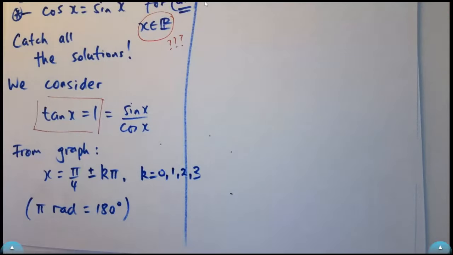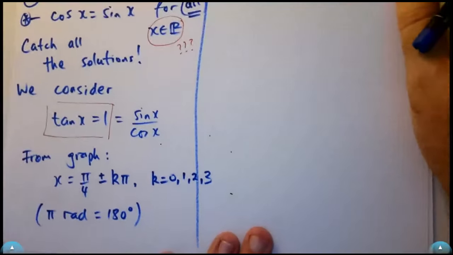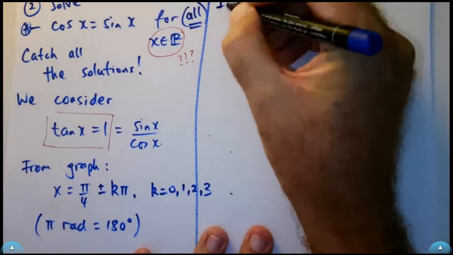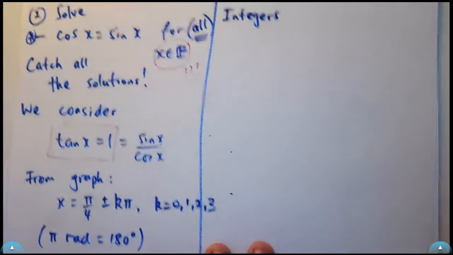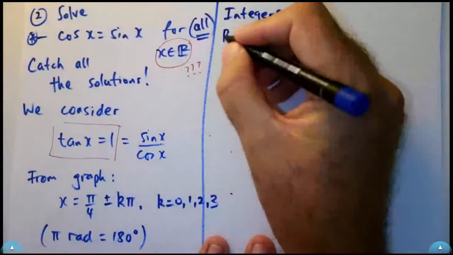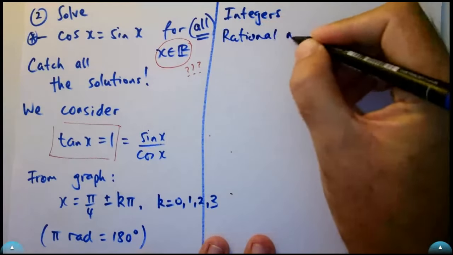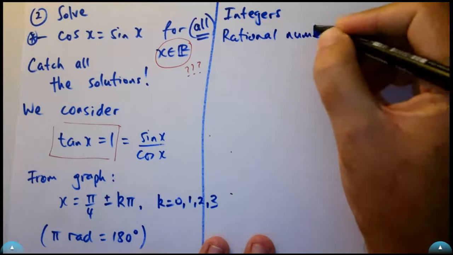All right. So you've got integers, right? So they're whole numbers. You've got rational numbers. Oops, can't spell.